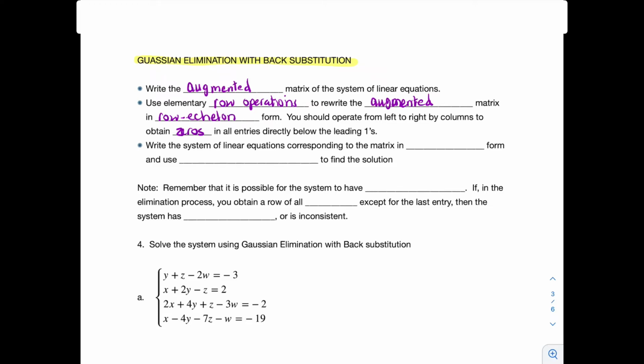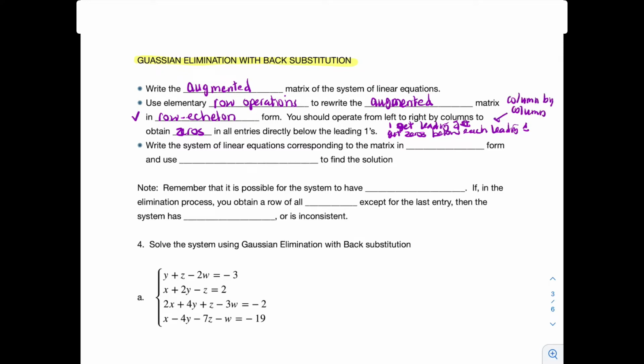So first you find your leading 1 and then make all entries below it zeros. Then in the next column, go to your leading 1 and make all entries below it zeros. Then move to your third column, get your leading 1, and make all entries below it zeros, etc. That's the process you're going to go through to rewrite each augmented matrix into row echelon form.